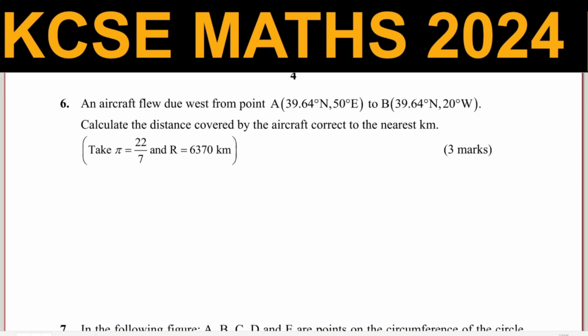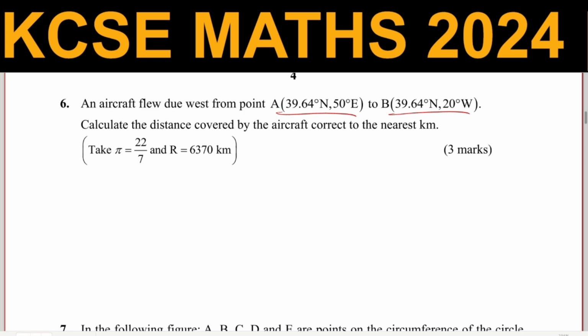Now when you look at these 2 points, A and B, you notice that they lie on the same latitude but different longitudes. You need to identify whether these points lie along the great circle or the circle of latitude. These points lie on the circle of latitude, or parallel of latitude, or the small circle.